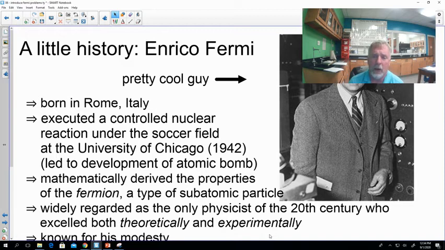Theoretically, he derived some properties of particles that we call fermions in his honor. Now, we might talk about them near the end of the year, but you guys are hopefully familiar with electrons, protons, and neutrons from some of your earlier science classes. What I'll tell you is electrons are fermions. A fermion is a class of particles, and they behave in a very interesting way.